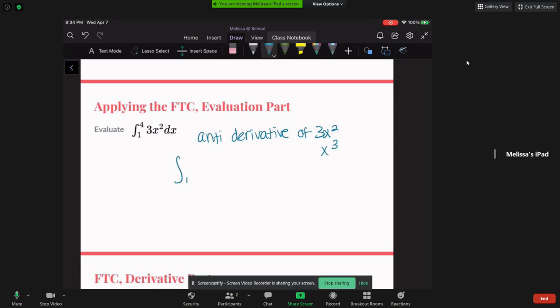So the integral from 1 to 4 of 3x squared dx is equivalent to x to the third evaluated at 4 and 1. So upper limit is 4 to the third minus our lower limit, which is 1 to the third. Then we simplify that, which comes out to 63. So again, you find the antiderivative of your function and then evaluate that antiderivative at each of your limits, your upper limit minus your lower limit.